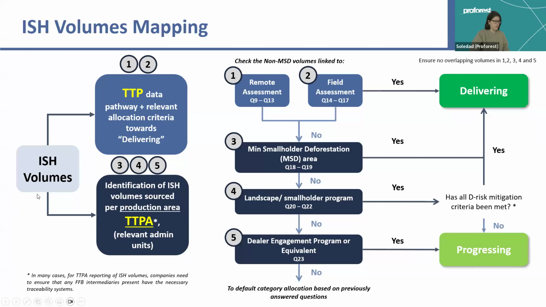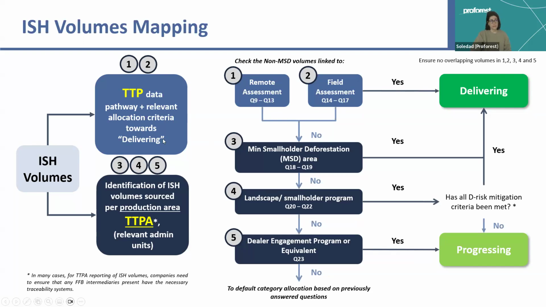So initially, the dichotomy starts on whether you will have traceability to plot or if you only have traceability to production area. If you were to have traceability to plot and you meet other relevant allocation criteria towards delivering, namely the remote assessment, field assessment, then those volumes will enter into delivery.